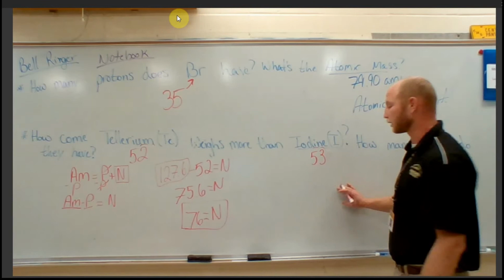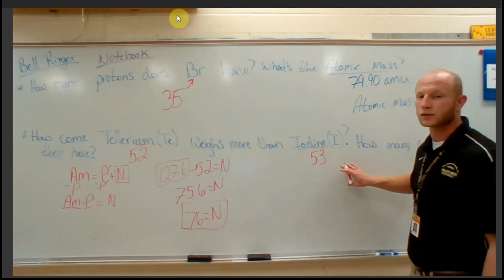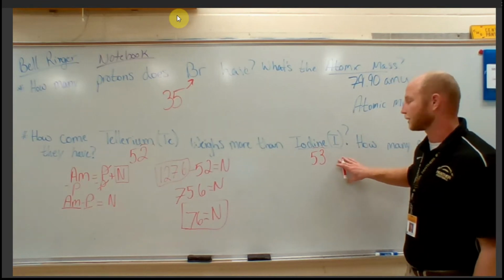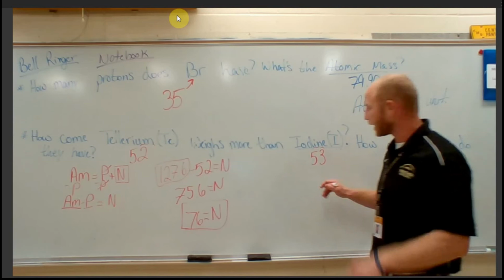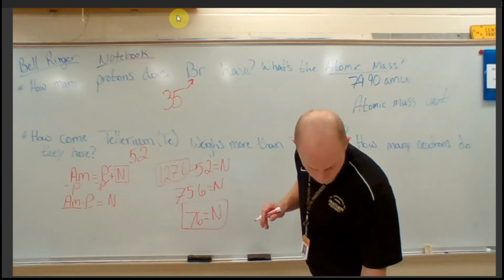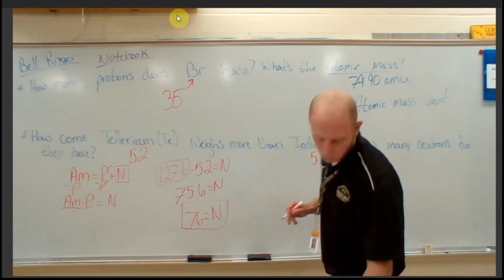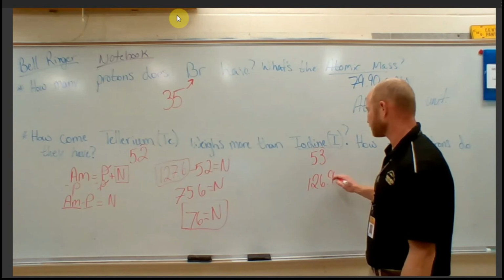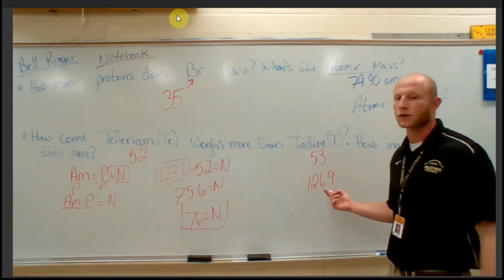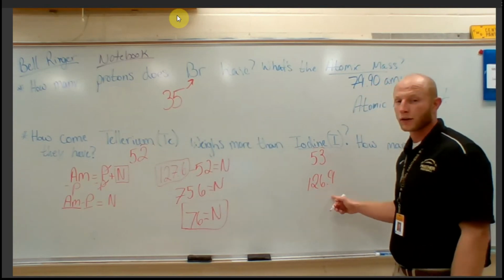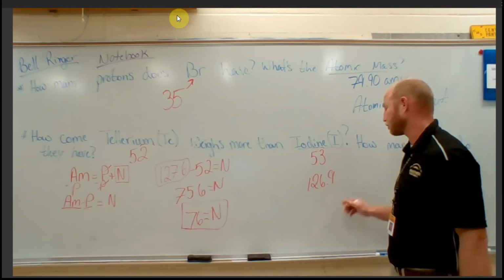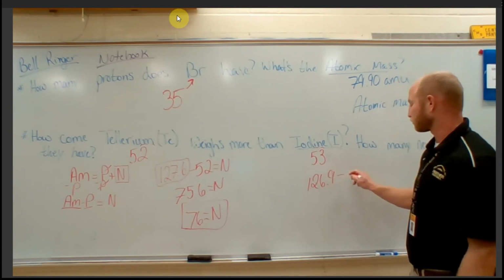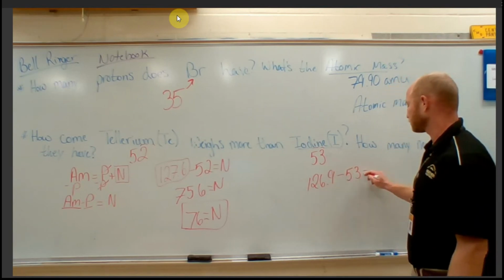So if we jump over here, let's see how many neutrons on average iodine might have. So again, iodine's mass would be 126.9. All right, so I do 126.9, and again, this might as well be 127, right? You can go ahead and you can round that now. I just choose to round it at the end. I'm going to subtract this from my number of protons, 53.